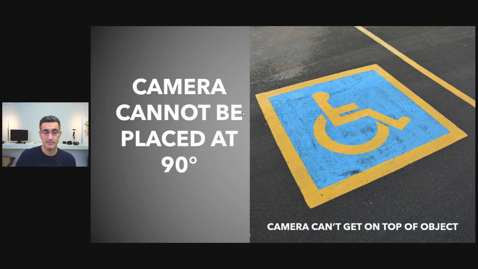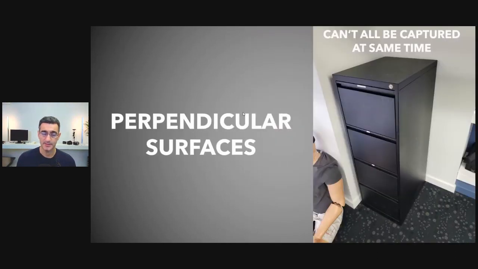So what I want to be able to do is take this image, straighten it out, and then take measurements from it. The difficulty here is the camera can't get directly on top of the object so that the lens is pointing at 90 degrees down to the surface. So that's a little bit of an issue, but this is another instance where this can happen.